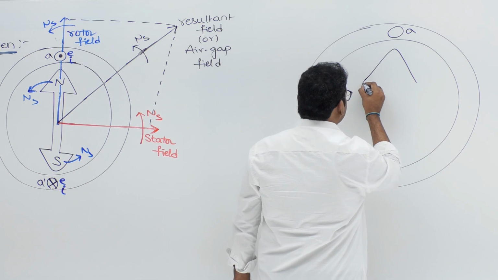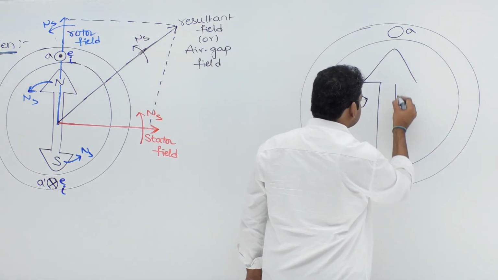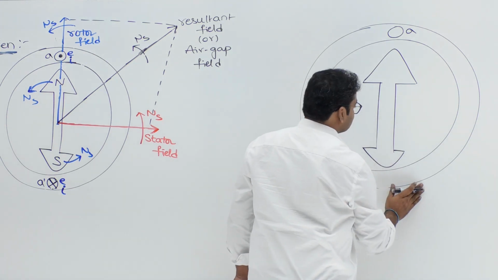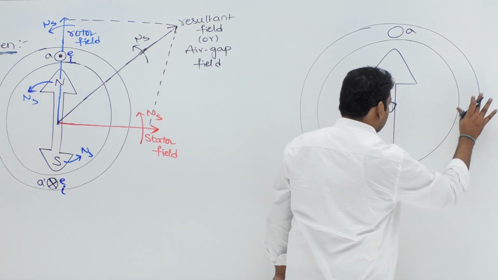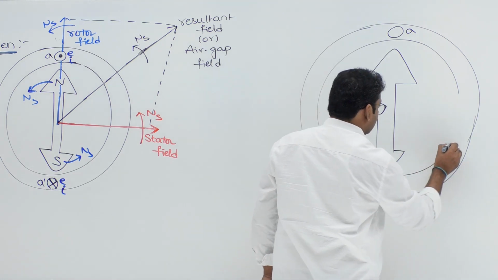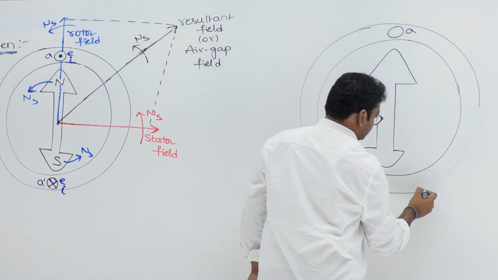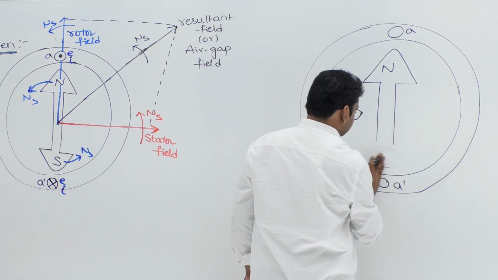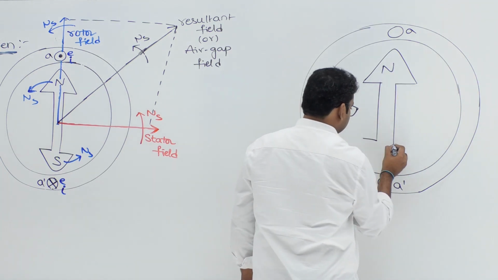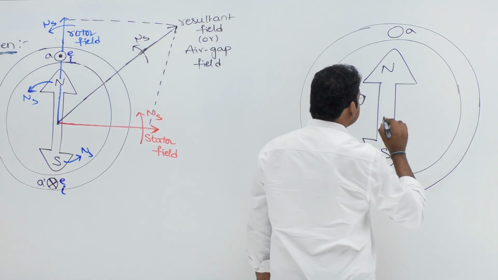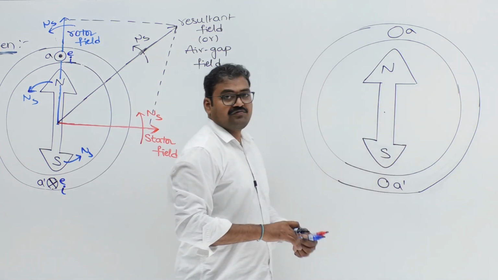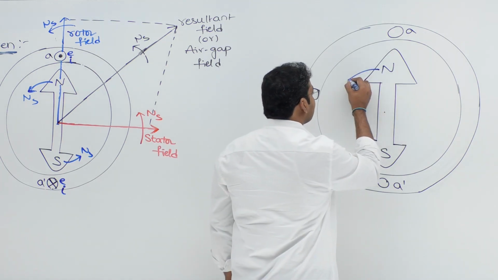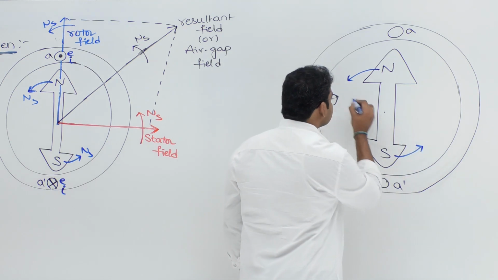Assume this is the rotor magnetic circuit we have. Fine. Now this is the circuit I have selected. Once again, assume the rotor is rotating in anti-clockwise direction.